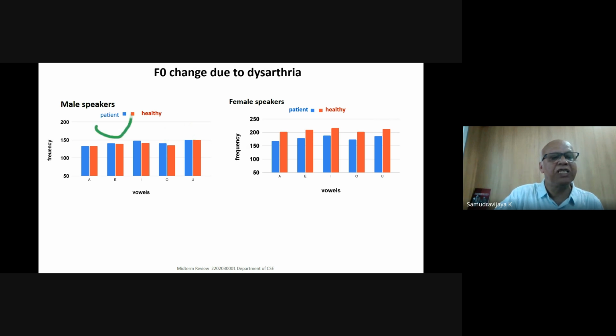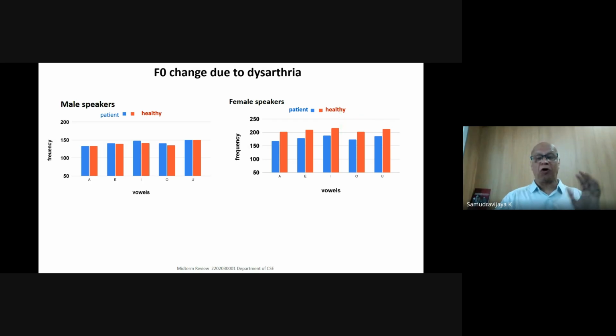Therefore, the F0 or pitch frequency of the male patients is slightly higher. On the other hand, if you look at the female speakers, the pitch frequency of the patients, the blue one, is slightly lower than that of the healthy speakers.